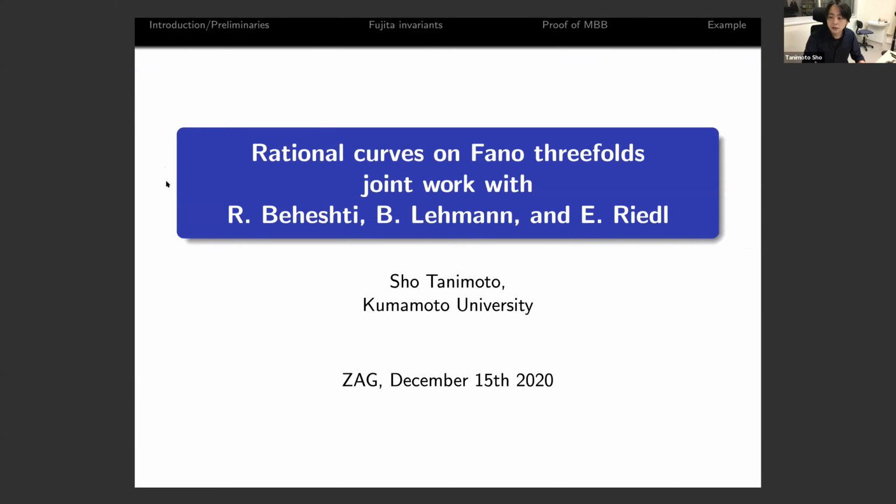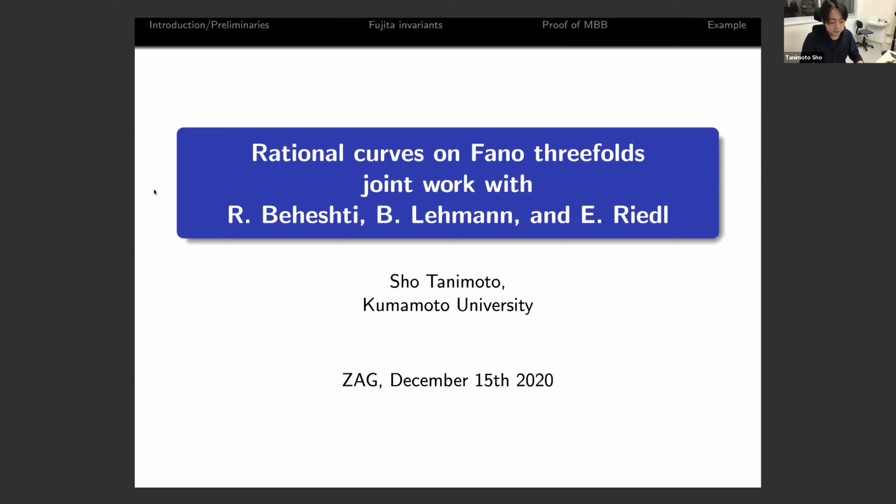Recently we have been studying rational curves on Fano varieties from the perspective of Manin's conjecture. Manin's conjecture is a conjectural asymptotic formula for the counting function of rational points on Fano varieties.